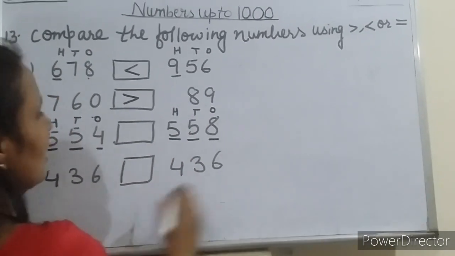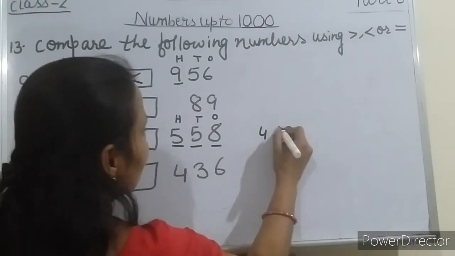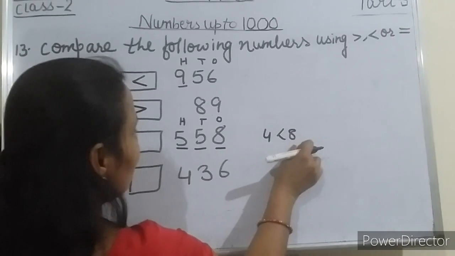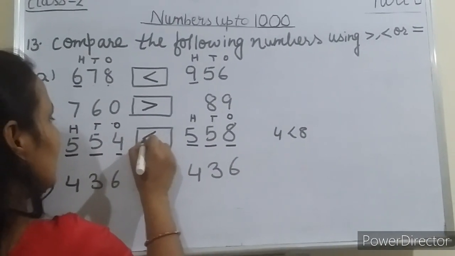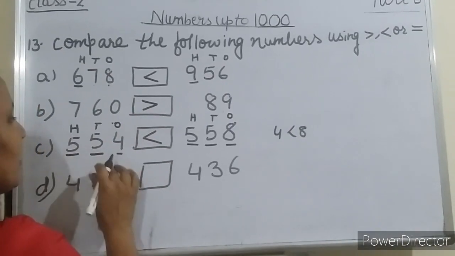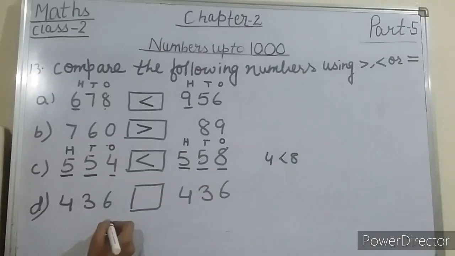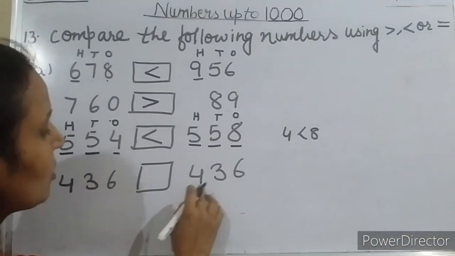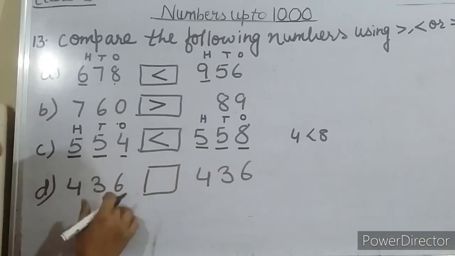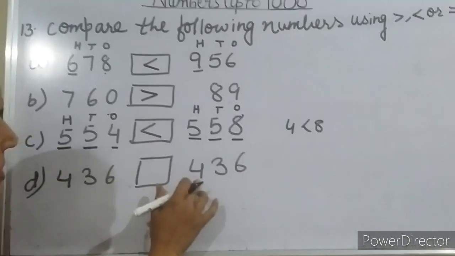So which one is greater? 4 is greater or 8 is greater? So 8 is greater than 4. So here 558 is greater than 554. And here students 436 and here also 436. So both the numbers are the same.